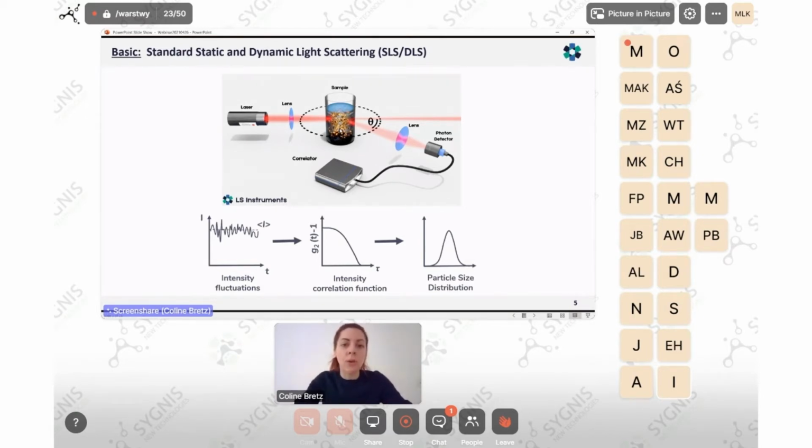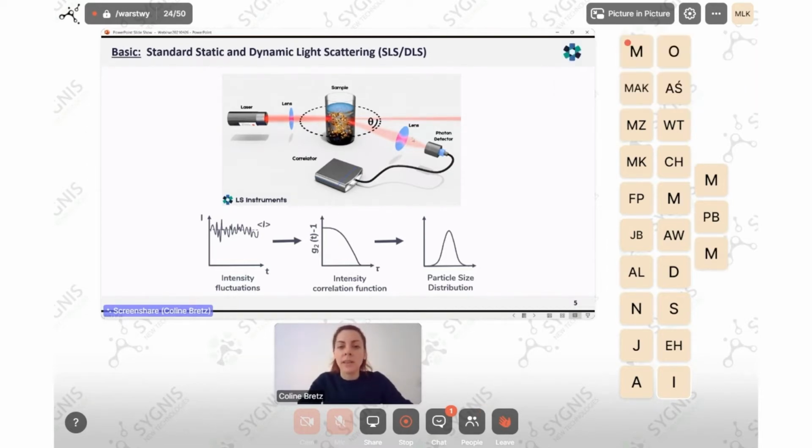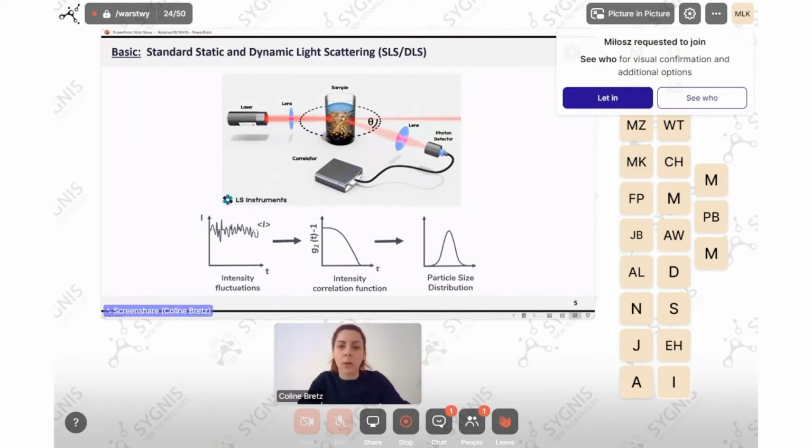They are undergoing Brownian motion given their size. When the laser beam goes through the sample, it is scattered by the particles in the suspension. When we look at dynamic light scattering, we're looking at the dynamics of these fluctuations. The light that is scattered will fluctuate according to the motion of the particles in the sample.